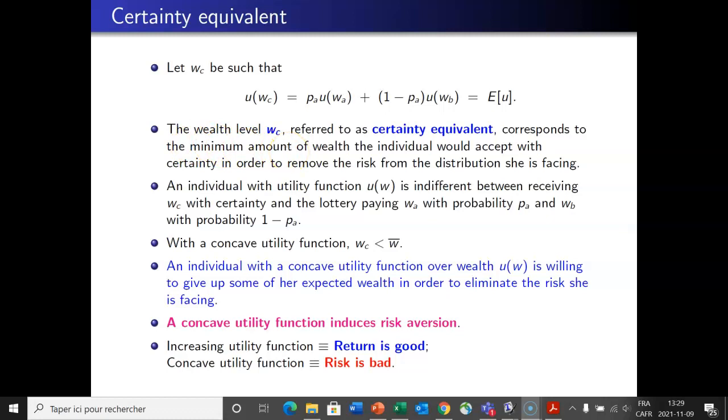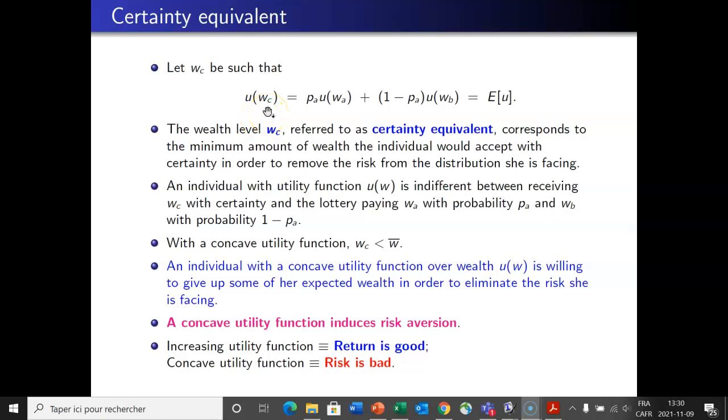Okay, it's a certainty, so there's no risk to WC. It's given to you, and it's equivalent to WA with probability PA and WB with probability 1 minus PA. How is it equivalent? It's equivalent in terms of expected utility. So the expected utility of C is U of C. Okay, there's no probability attached to WC. So WC is given with probability 100%.